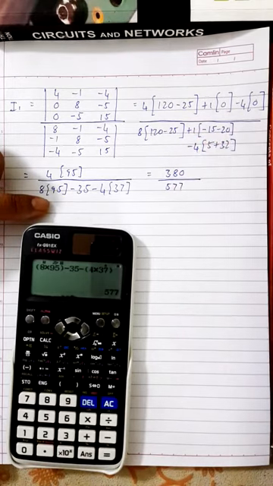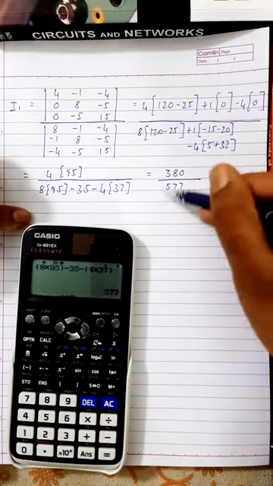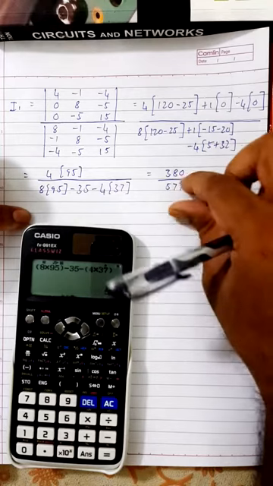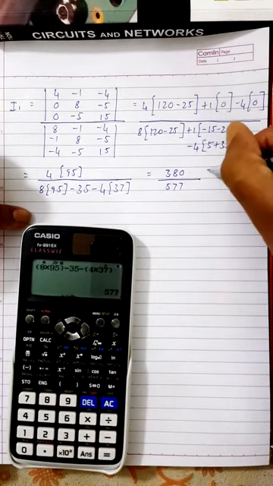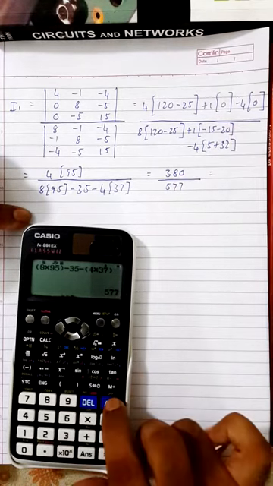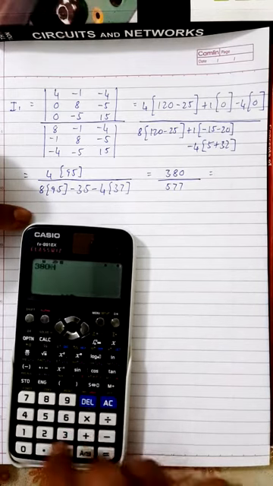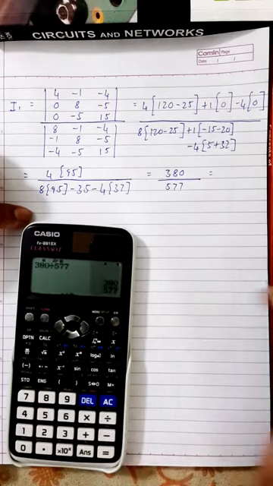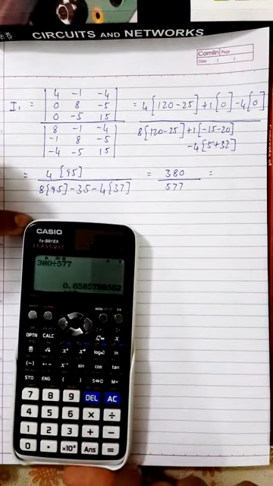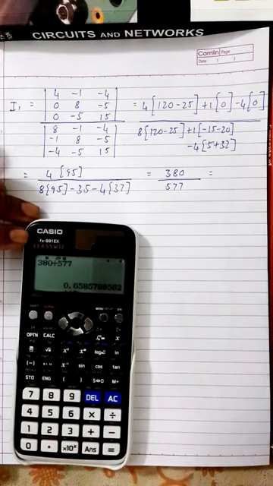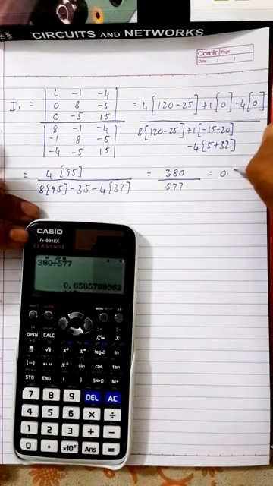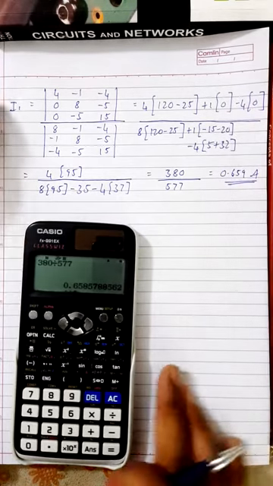So the denominator is 577. The reason why I'm finding the denominator separately is because I can use that to find I2 and I3, right? That's why. So now 380 by 577 is 0.659 amperes. This is the value of I1, right?